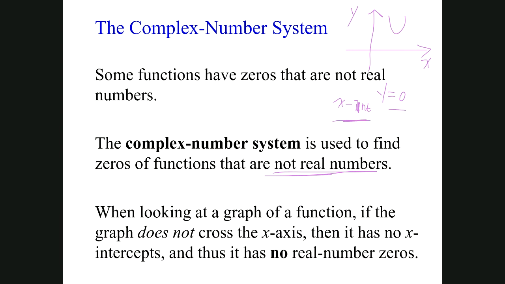The complex number is used to solve this type of situation. Because the graph does not cross the x-axis, it has no x-intercept, and since there is no x-intercept, we don't have a real zero. So that is the complex number system.